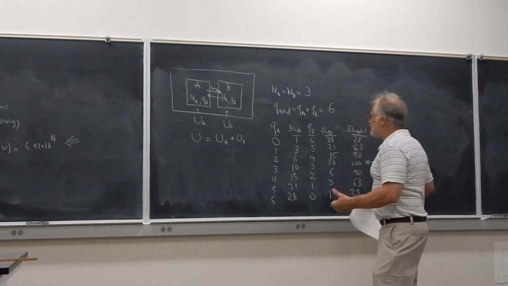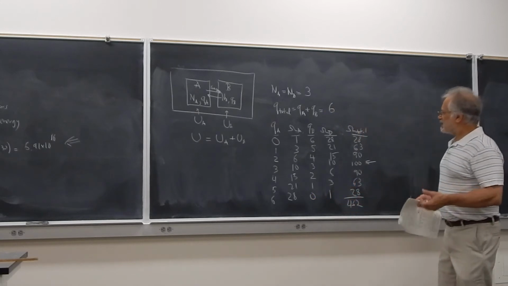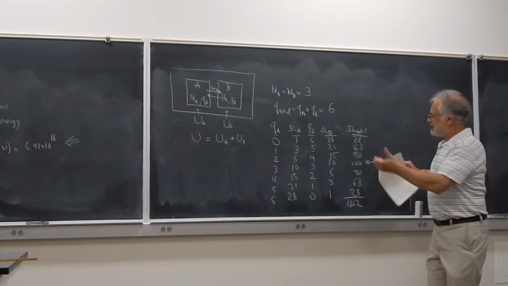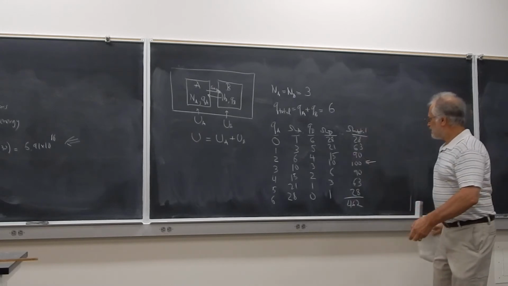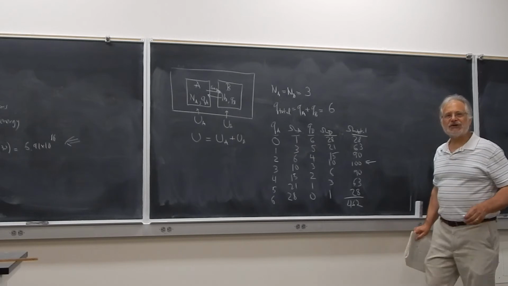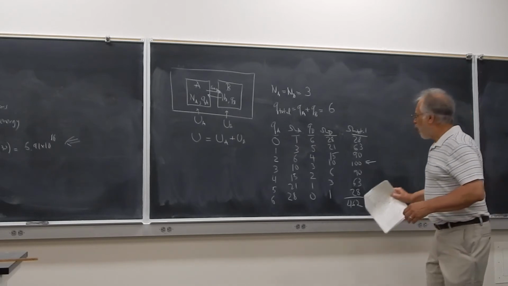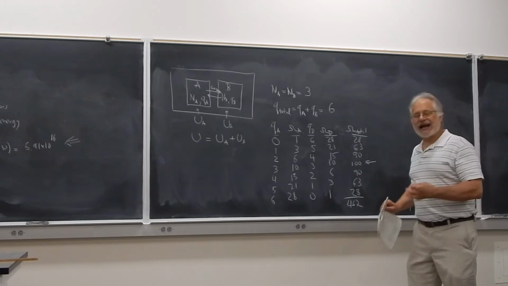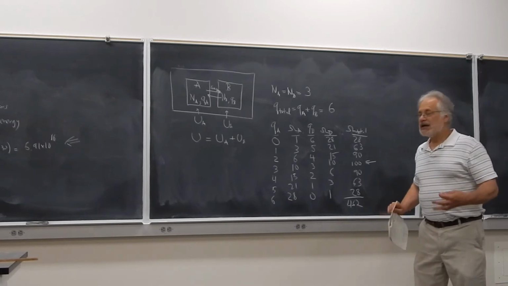But what the postulate states is that a system is equally probable to be found in any of its, in this case, 462 possible configurations. One configuration out of the 462 is not any more likely than another.